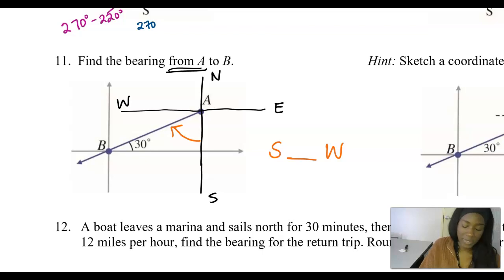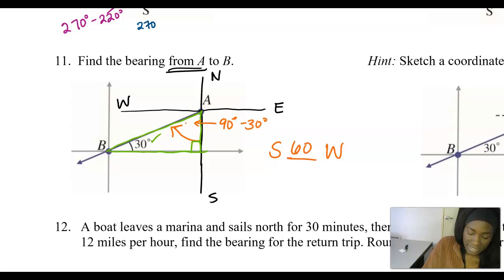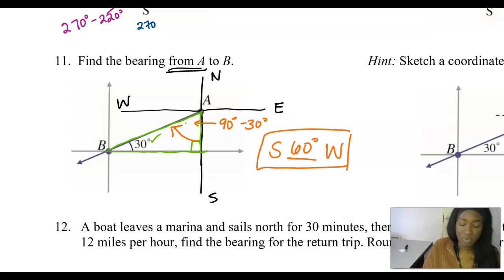Well, looking at this picture, here we have a right triangle. We know that angle is 30 degrees. This is a 90 degree angle. So it must be that this orange space here is 90 minus 30 to give us a 60 degree angle, because remember, we know that all angles in a triangle add up to 180 degrees.